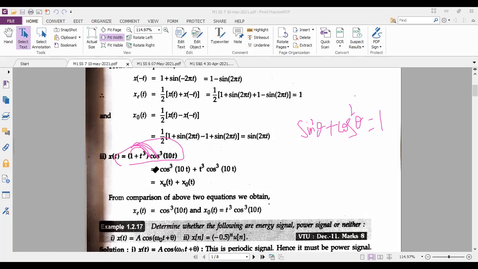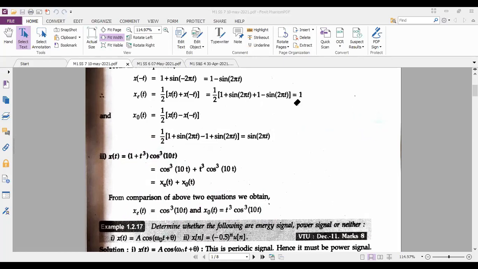Then apply x of minus t, add and subtract. The steps are not given here, so you have to solve it by yourself. The answer is cos cube 10t for x even and t cube cos cube 10t for x odd.